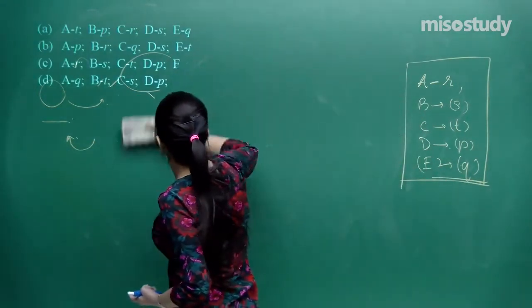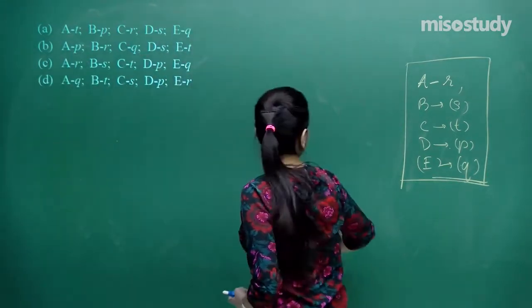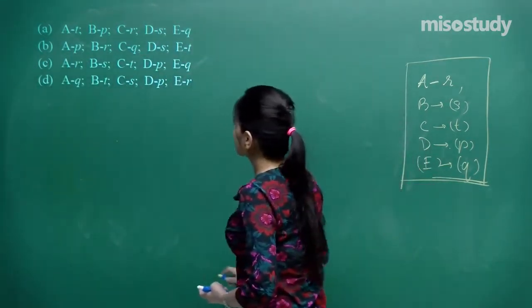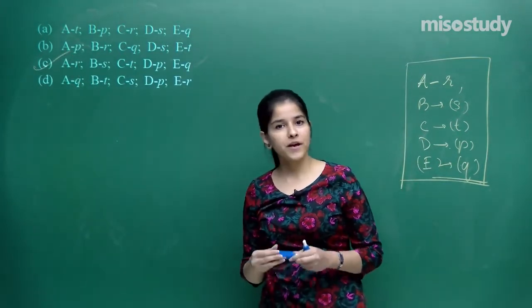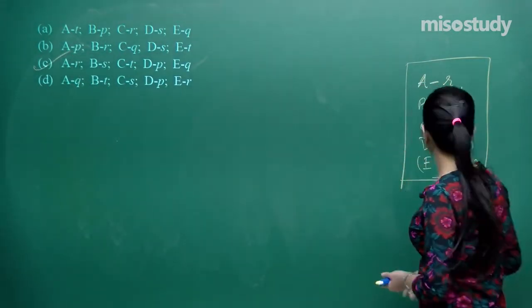So if I match it, I get A corresponding to R, that means C as the option, correct? So I hope everybody has got the answer here.